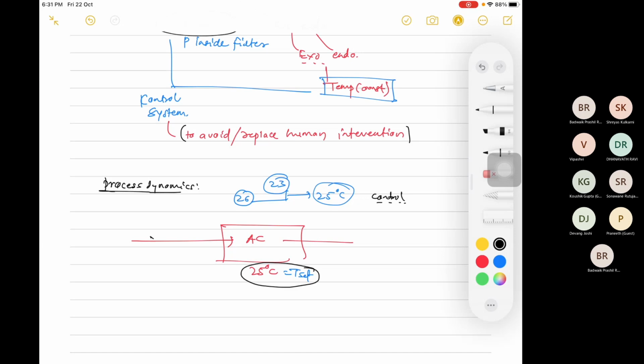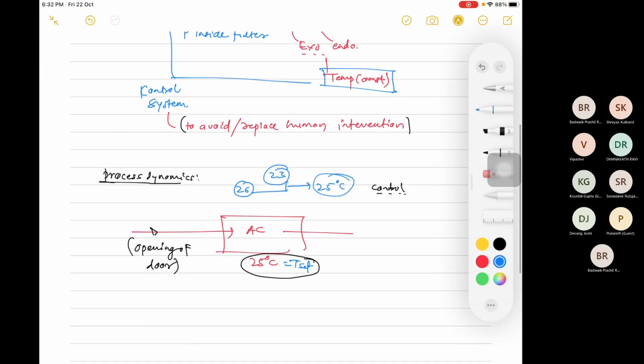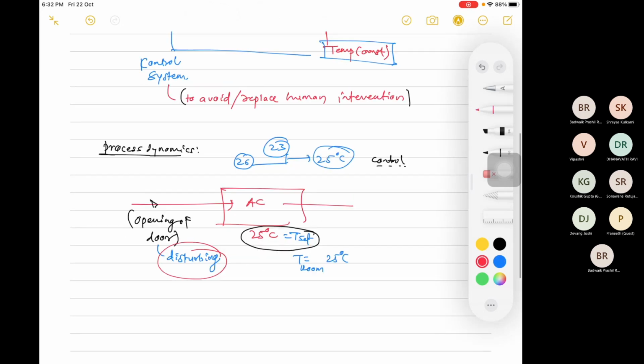But suppose you open the door. Opening of the door is a disturbance, right? Every time in class this is the example. So opening of the door will cause some disturbance to the system. If the temperature of the room is maintained at 25 degrees Celsius, because of this opening there is a disturbance, and what will the temperature do? It may increase or may decrease.